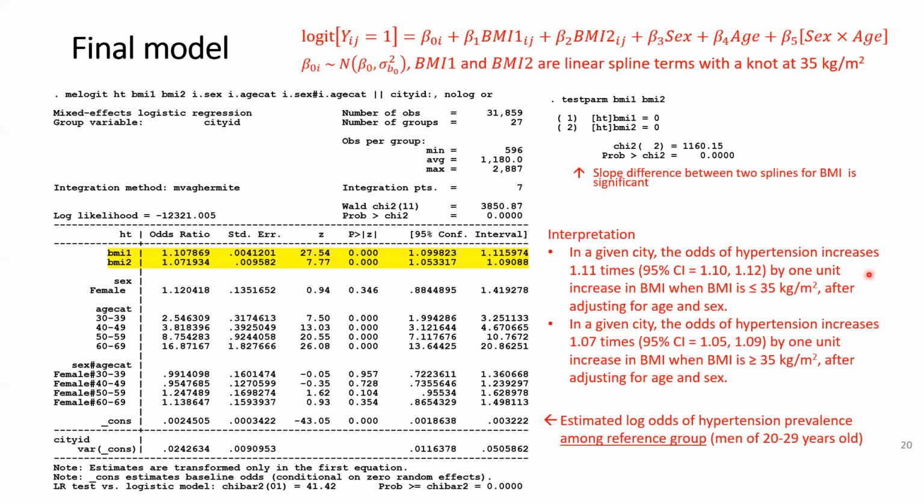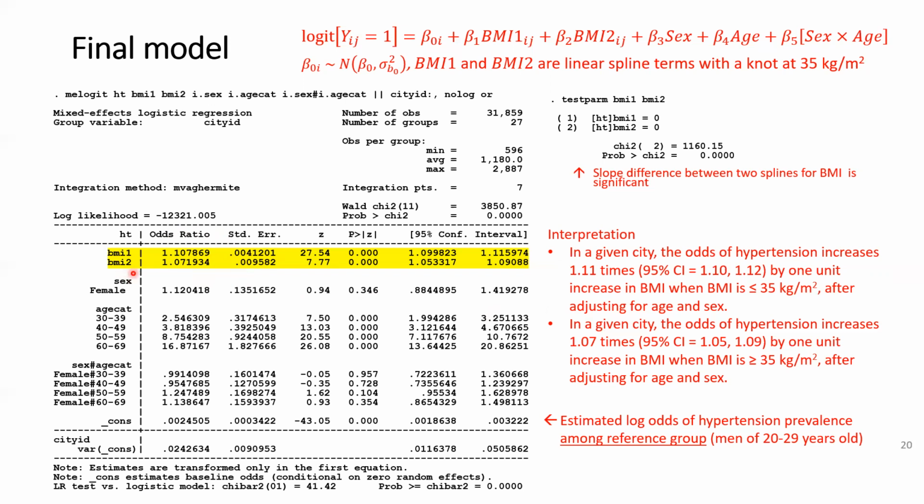But when we do interpretation from a mixed model, an important part is "in a given city", because we use random intercepts specific to city. And this number doesn't tell us the estimate in the population, but the estimate within city.